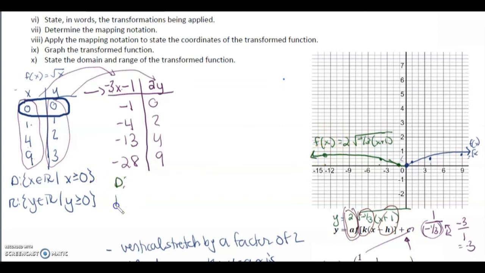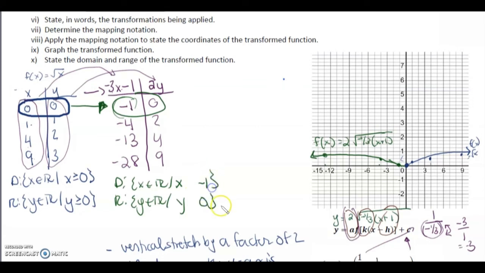Okay, now domain and range. Set it up, XER, YER, and we know that x is going to be something pertaining to this point. This is our reference point for domain and range. So the x value is -1 and the y value is 0.